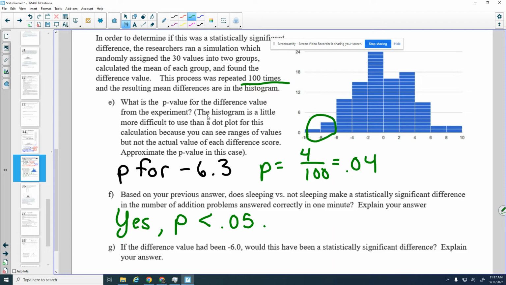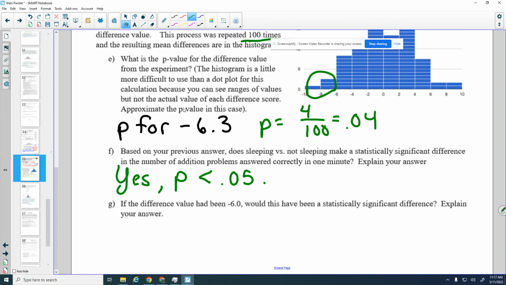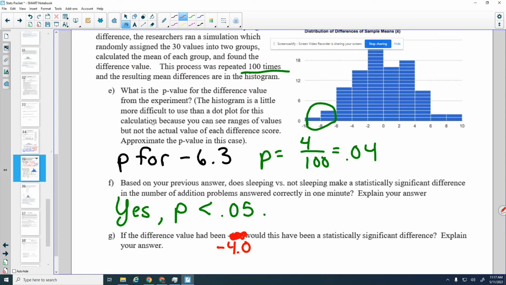Now, this one I want to change. I meant to have a different number here. It says if the difference value had been negative, I want to make this negative 4.0 here. Would this have been a statistically significant difference? Explain your answer. So if instead we had just had negative 4, that's still towards the tail. But if I circle here, okay, that looks like 1, 2, 3, 4, 5, 6, 7, 8, 9, 10, 11, 12, 13, 14.